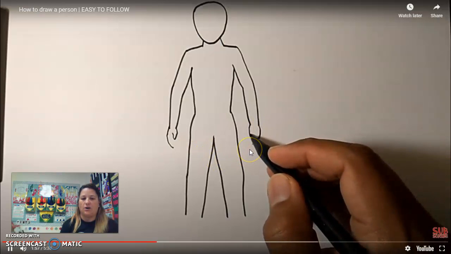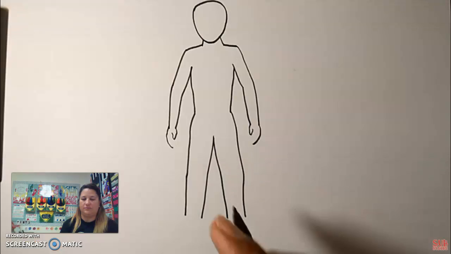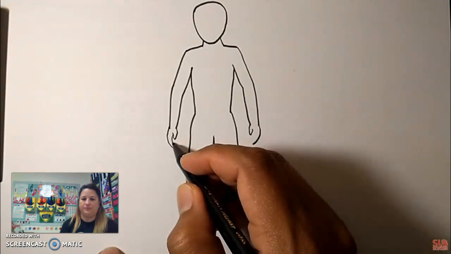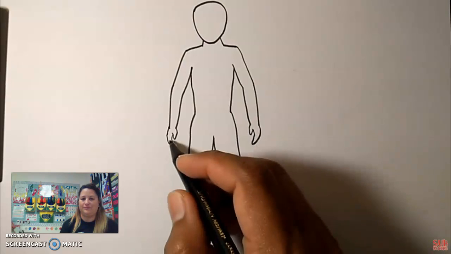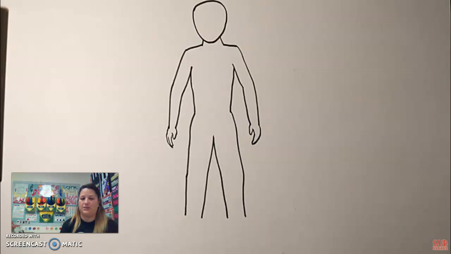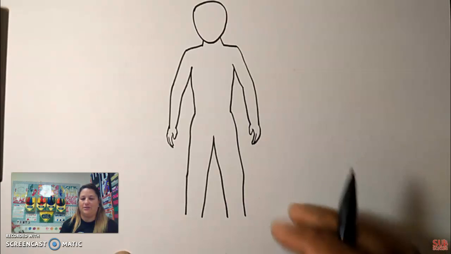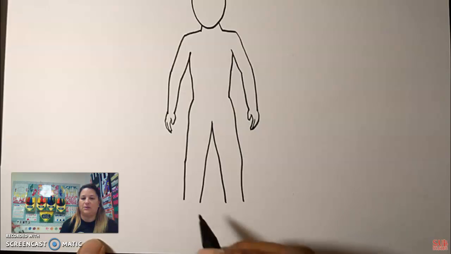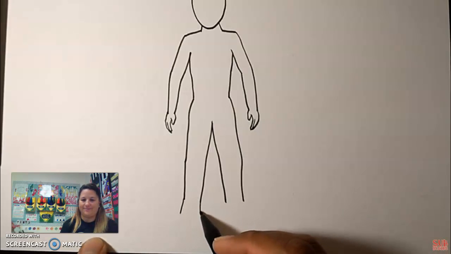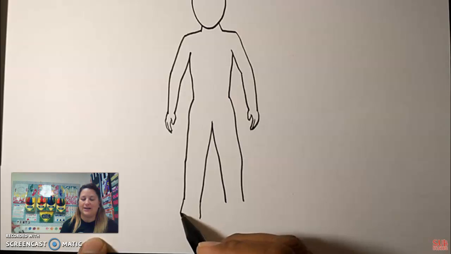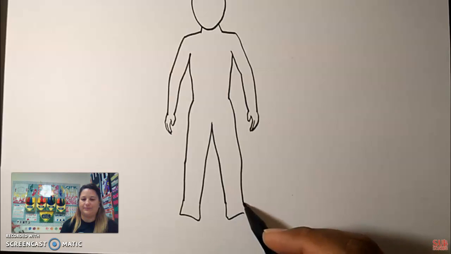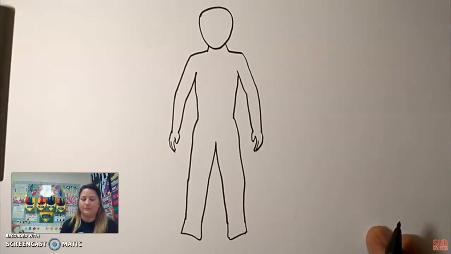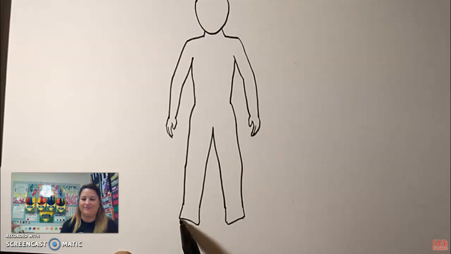Symmetrical on this side, just opposite. Just one line for the fingers. Simplify the hands a bit. We're going to extend those length lines just a little bit. Pause if you need some extra time.